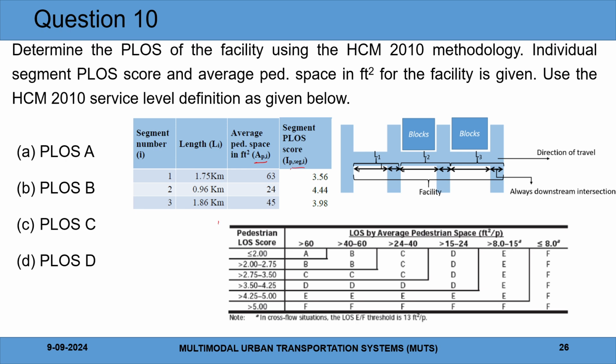Here in this table you can see that there are two components: pedestrian level score and level of service by average pedestrian space in feet square per person.